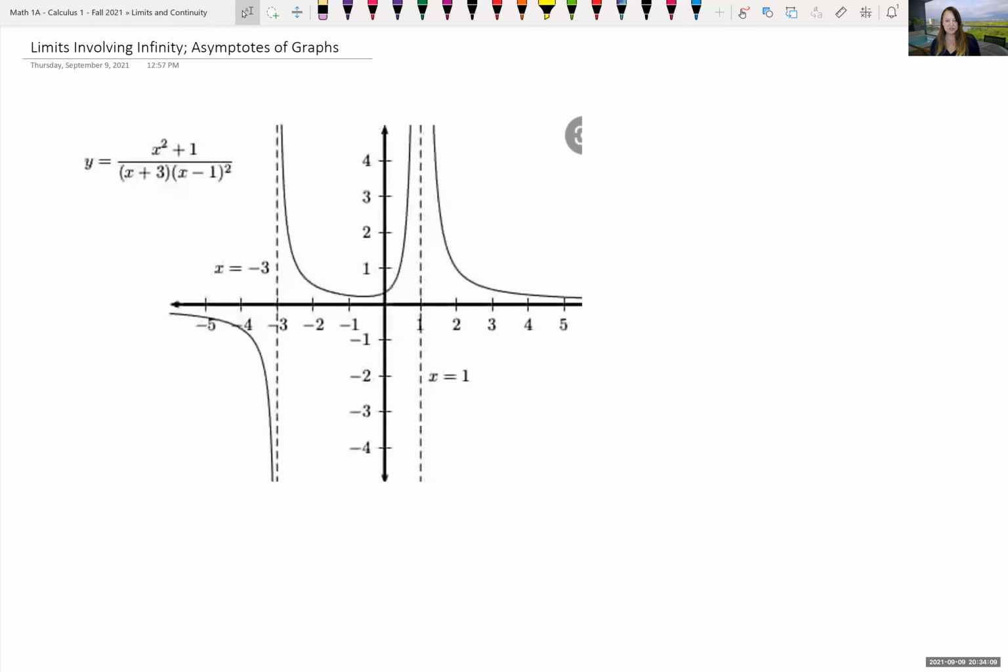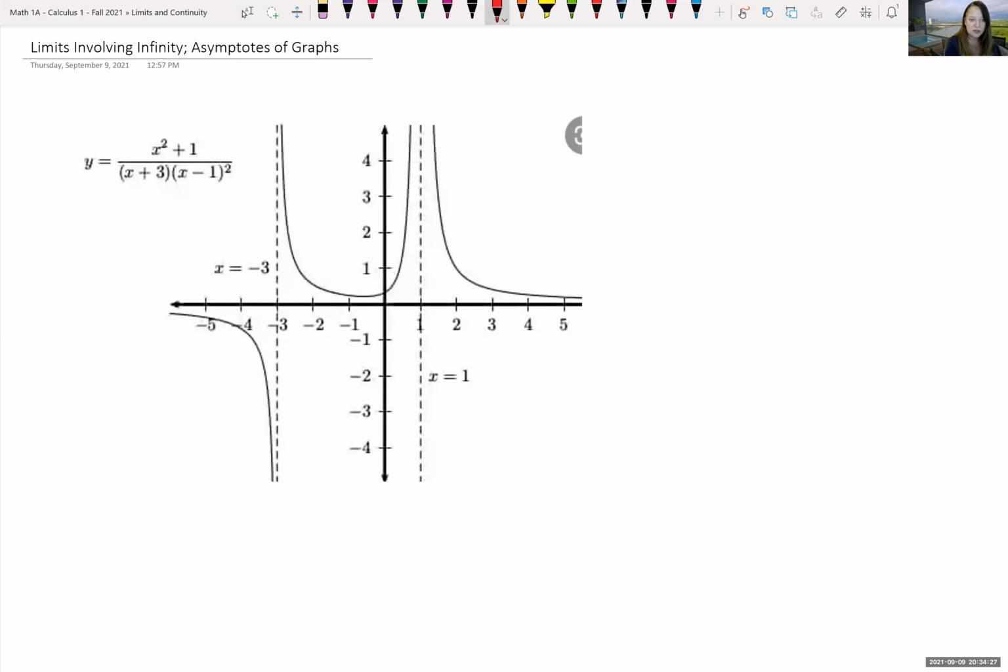Okay, so in front of us is a graph, and the graph is y equals, our numerator is x cubed plus 1, our denominator is x plus 3, all times x minus 1 quantity squared. We can see that there are vertical asymptotes.